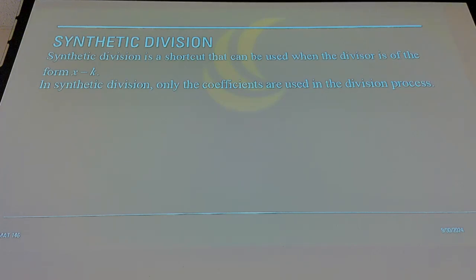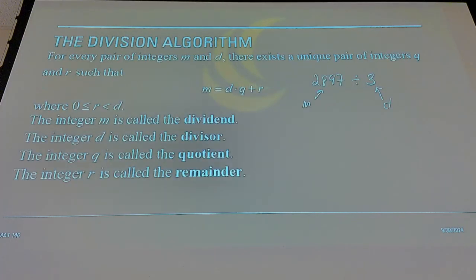Going back to integers, what did it mean for a number m to be divisible by a number d? So again, in this case, would you say that 2,897 is divisible by 3?